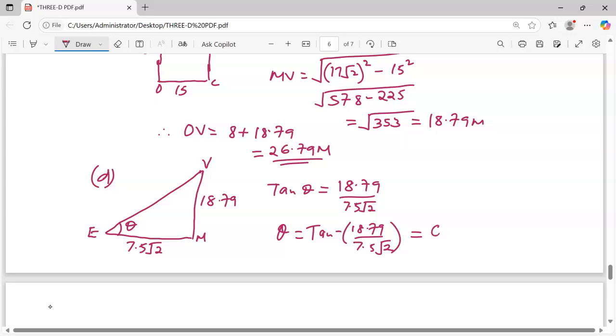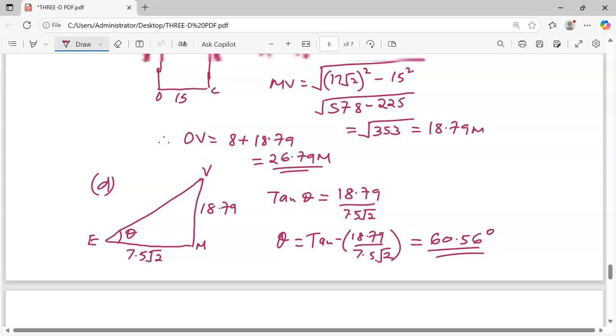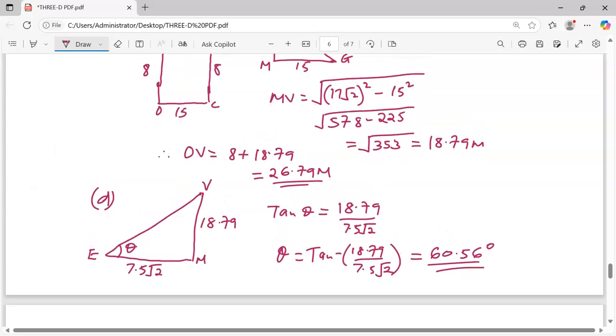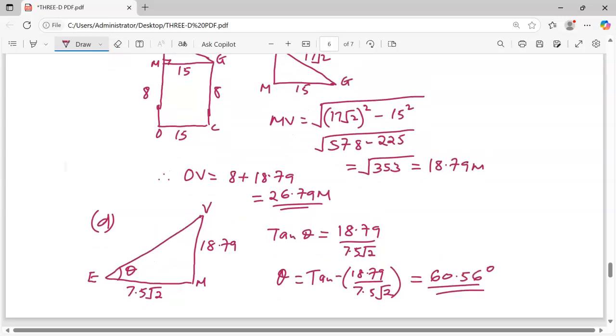This is 60.56 degrees as the angle between the line EV and EM, which represents the plane.